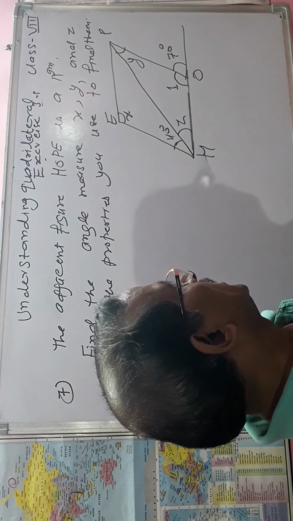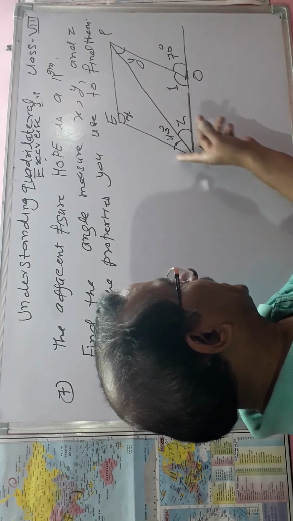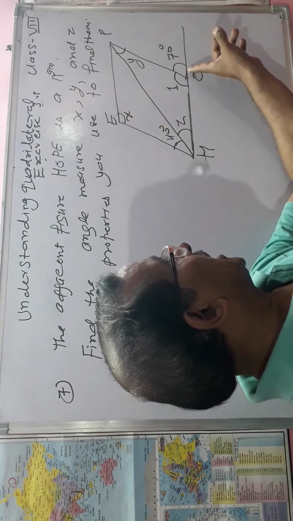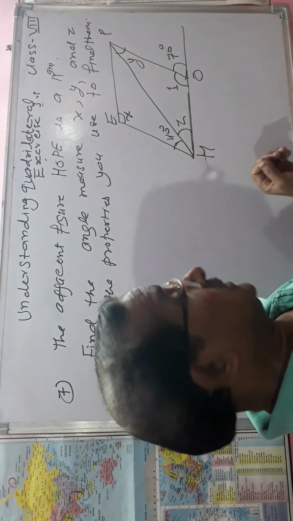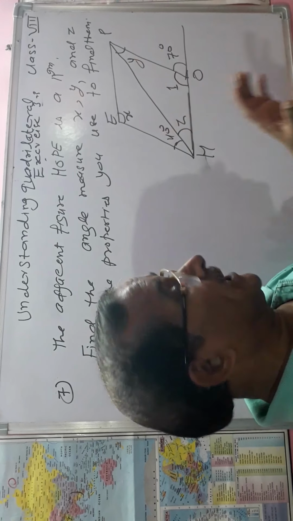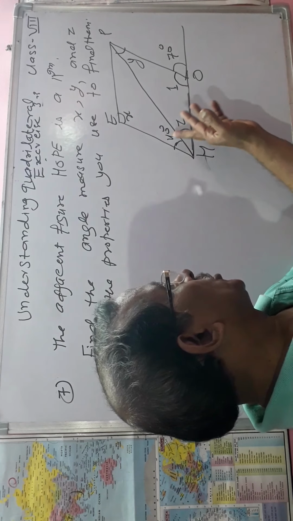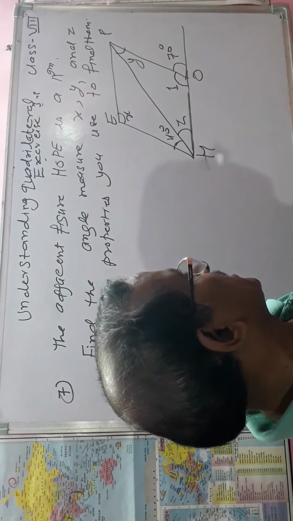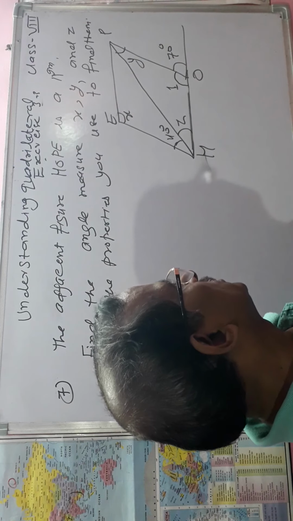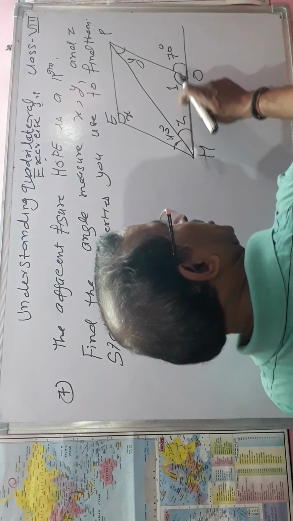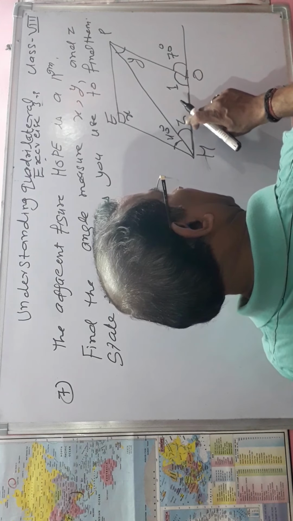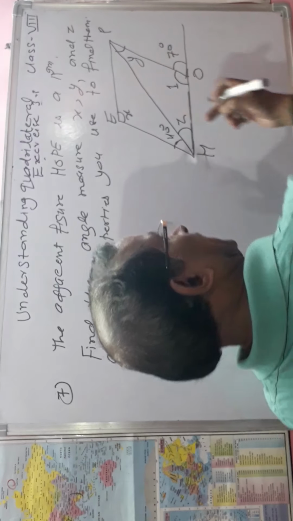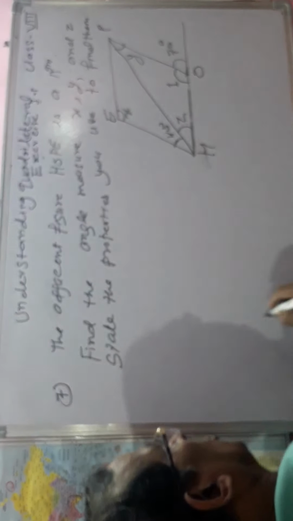Now angle y: this side HE is parallel to OP. Then angle y is equal to angle 40 degree because these are alternate interior angles. So now we will find two angles of this triangle, this one and y also, then z will be found out. Now we will take the solution.